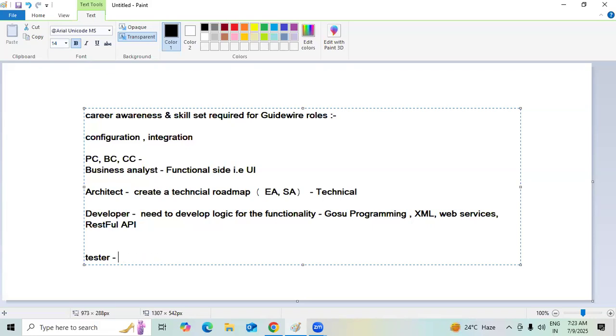Testing the functionalities. At the same time, user interface design testing, and at the same time, API. All these things you must be familiar with. This is what the Guidewire tester role generally is.